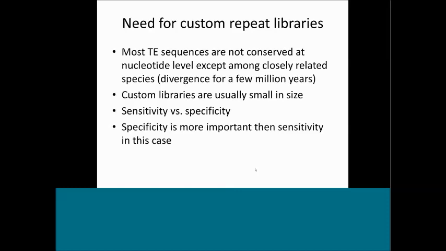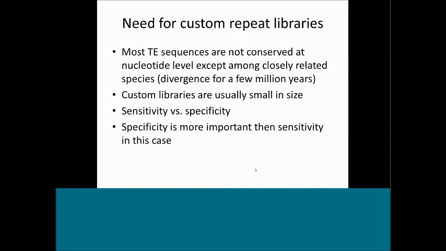This is because, as I mentioned before, after a few million years the transposable elements become not recognizable. The transposons in the new genome may not be exactly the same as those in the older genome, because transposable elements have low constraint, so their sequences evolve much faster than gene sequences.